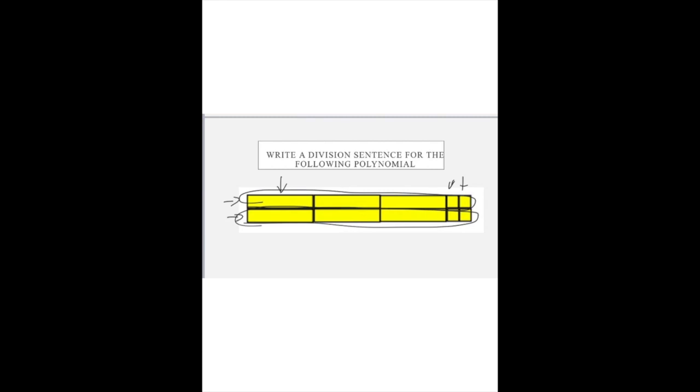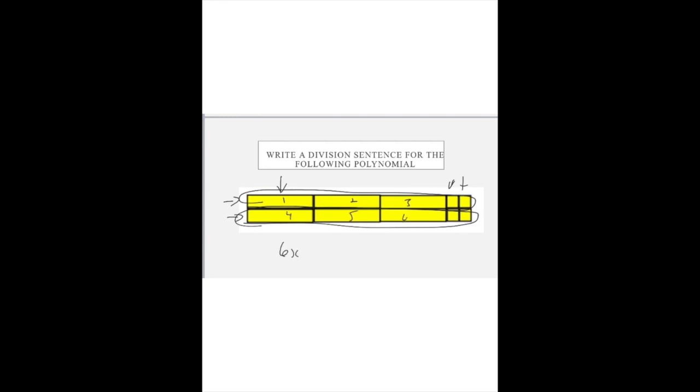So let's stick with the nomenclature. We have a total of 1, 2, 3, 4, 5, 6.